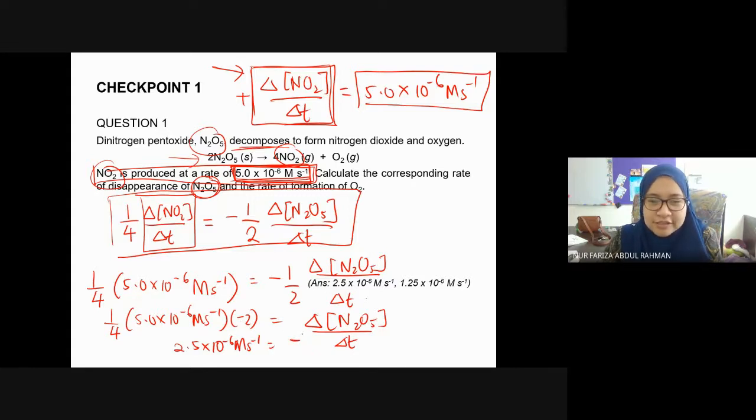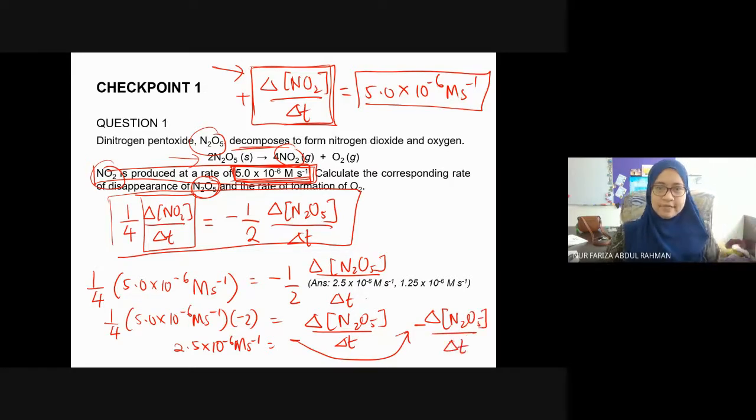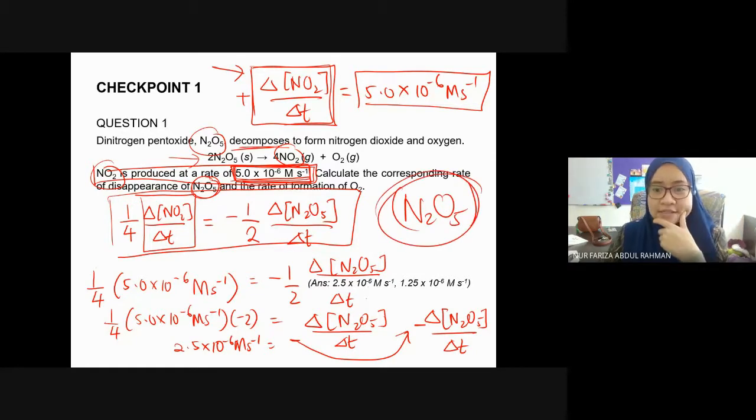Alah, nak tulis kat mana? Ni lah. Okay, logic tak? Logic. Sebab we are talking about N2O5, and this is reactant. So when we have the negative sign there, it shows that it is a reactant.